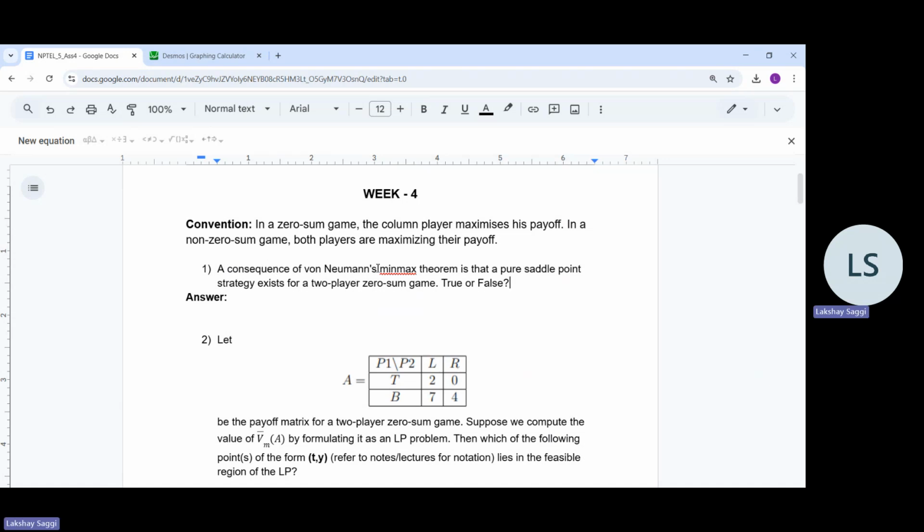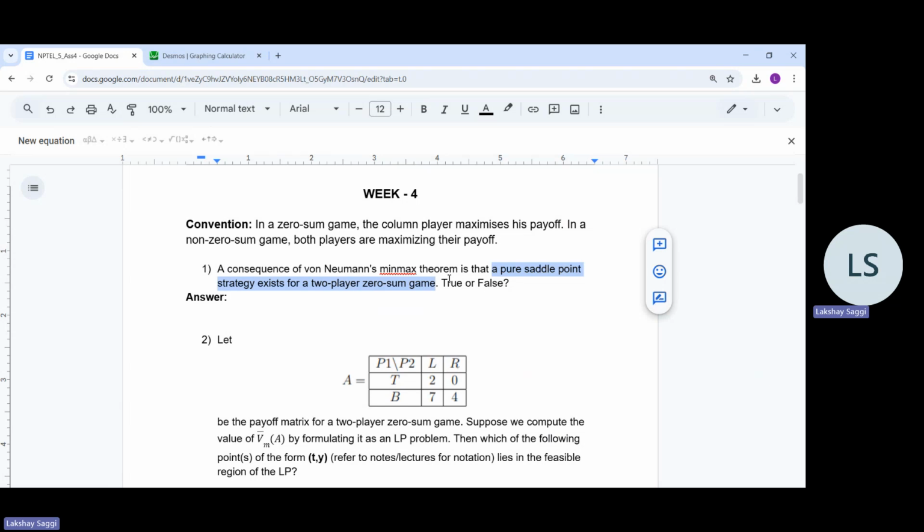Von Neumann's min-max theorem actually discusses mixed strategies, that there always exists a mixed saddle point strategy, not a pure saddle point strategy. We have discussed in the previous session, and in the lectures also, the rock paper scissors example, that there need not always exist a pure saddle point strategy. So the statement is false.